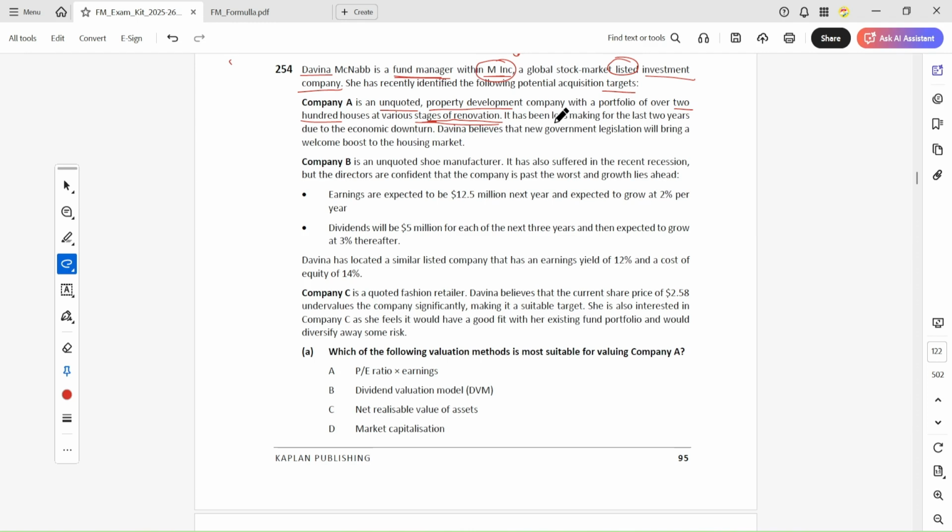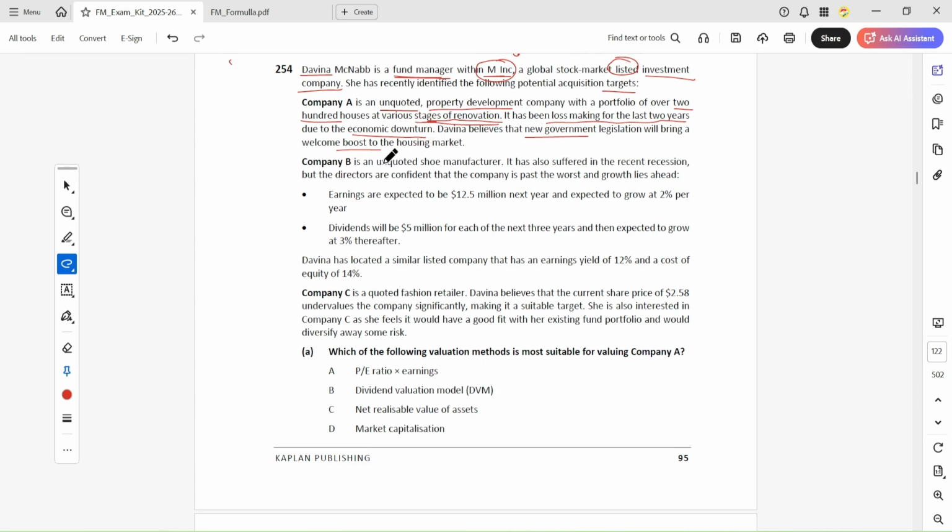It has been loss making for the last 2 years due to the economic downturn. Davina believes that new government legislation will boost the housing market and the economy, and the company will be profitable. That's why she wants to acquire this company.